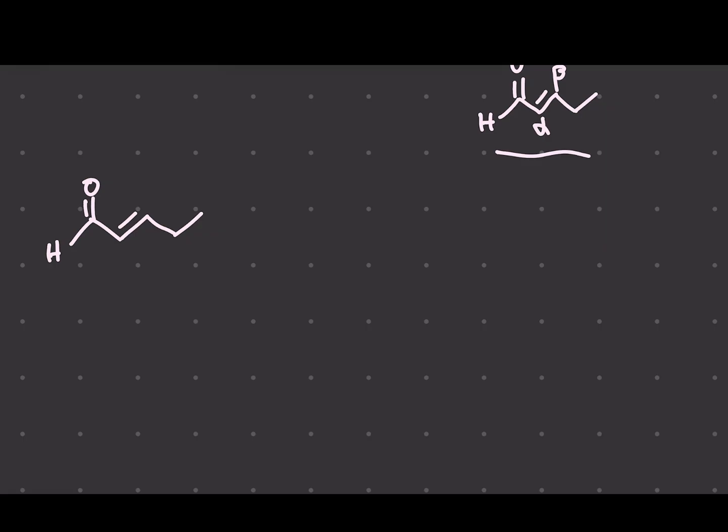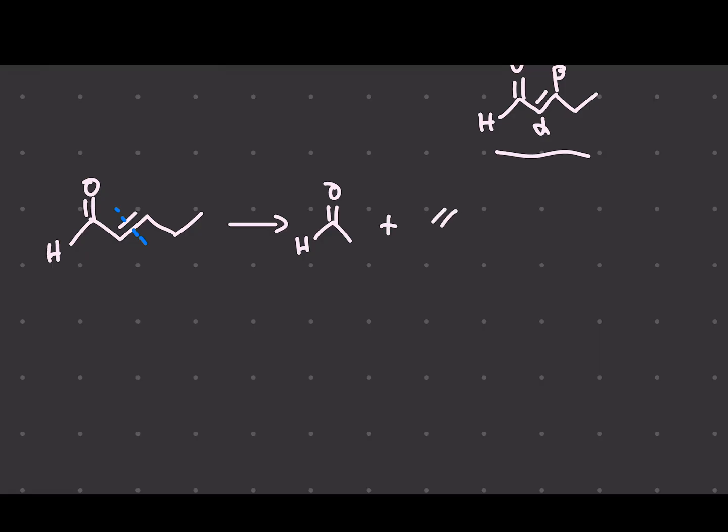There's actually a very simple way to do this. All you gotta do is just split at the double bond, and it is going to give us back our starting materials, which will be our reactant 2 and our reactant 1.